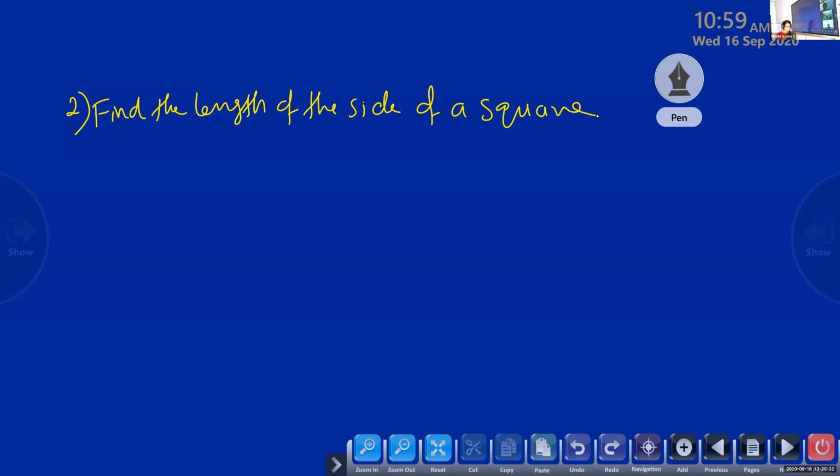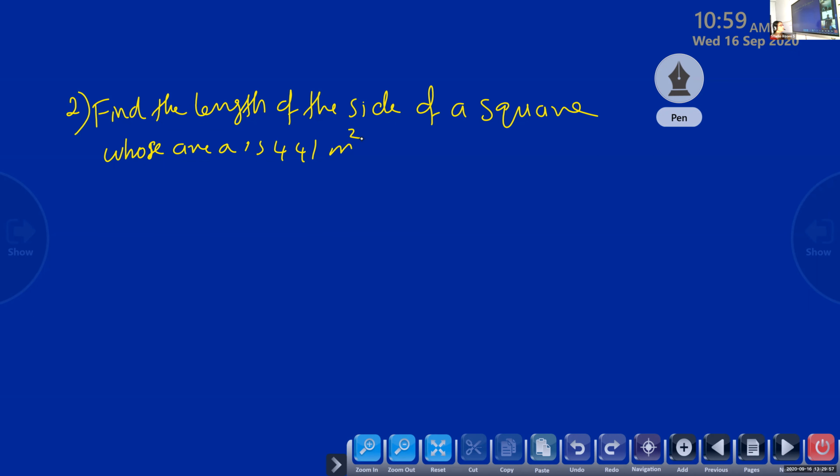Find the length of the side of a square whose area is 441 meter square.